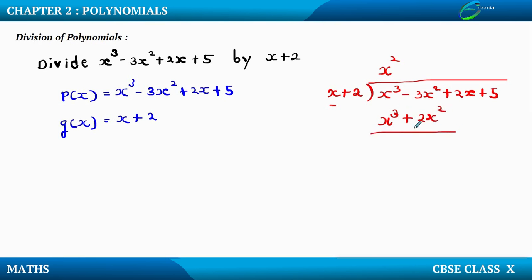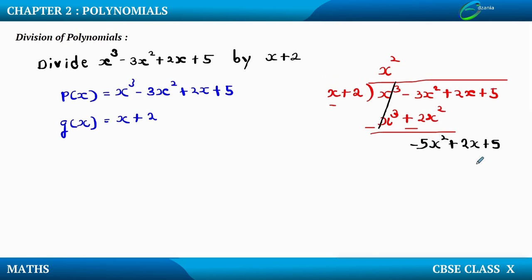Now after this step, we are supposed to change the signs. So this will become minus, this will become minus. X cube and x cube is going to get cancelled. We get minus 3 minus 2, minus 5x square plus 2x plus 5.